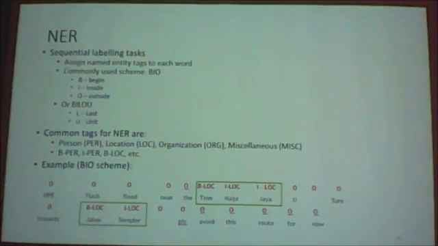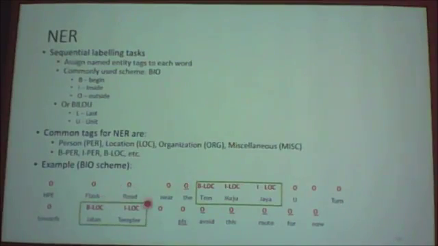So, how does NER work? NER is basically a sequential labeling task which assigns a named entity tag to each word. They commonly use the BIO or BILOU scheme, which stands for beginning of the entity, inside of the entity which is the continuation, outside of the entity, the last word of the entity, and unit.